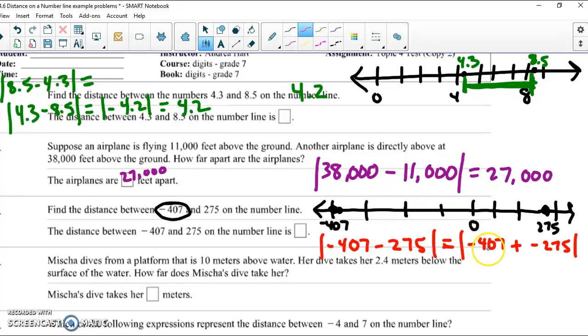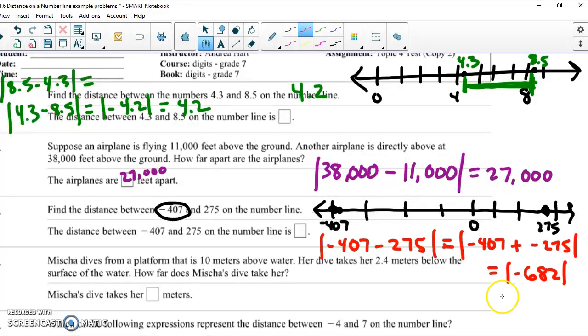Now I can just add my two numbers and keep my negative sign because I'm adding two numbers with the same sign. So my rule is add and keep the sign. So 407 plus 275 would be 682. And I'm going to keep that negative sign.